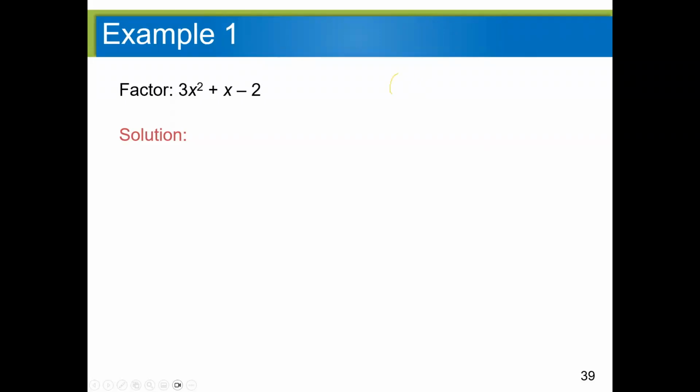I know I'm going to have a binomial because it's ax squared plus bx plus c form. And I'm going to have a positive and a negative. But I don't know if it's going to be like this or like this, right? Because both of those have a positive and a negative. Cool, I've got to figure that out. But I know that's the step so far.